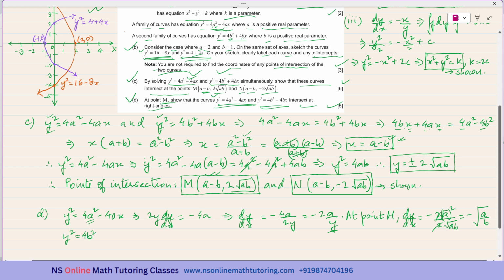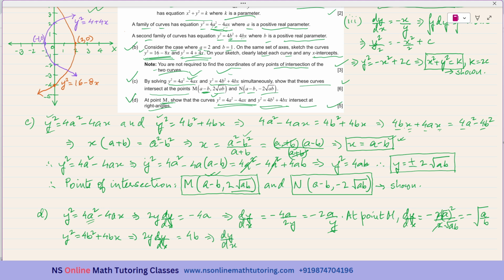It is y square equal to 4b square plus 4bx. Again, implicit differentiation: 2y dy by dx is equal to 4b. So, dy by dx is equal to 4b over 2y.